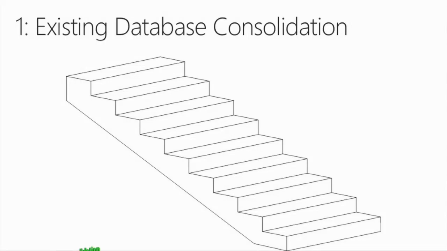So the first one is your existing database consolidation. By the way, just a word on how we've set up the presentation. There are roughly 5 sections that we follow as we go through each one of these steps. We'll give you a description of it. Then we'll show you the PowerShell command to do that step.